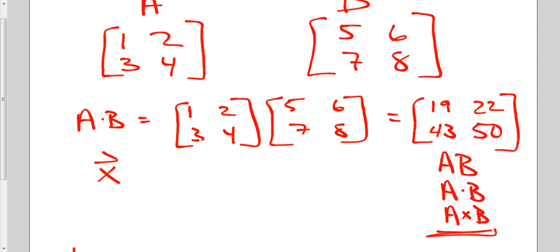another thing that we can do. Think about this. Remember how I said, let's do A again, which is 1, 2, 3, and 4. Remember how I said I could augment that with, pick a vector. A 2 by 1. 5, 7.